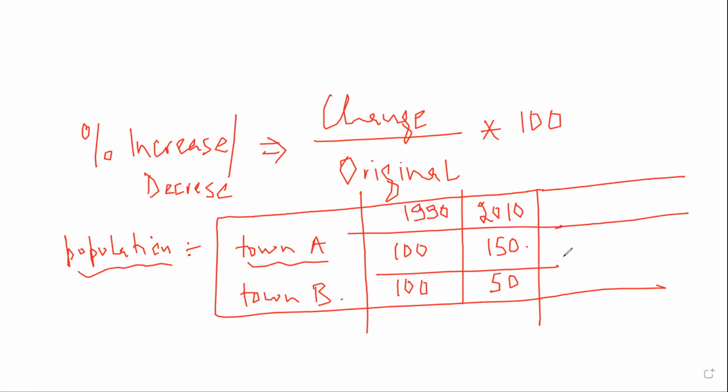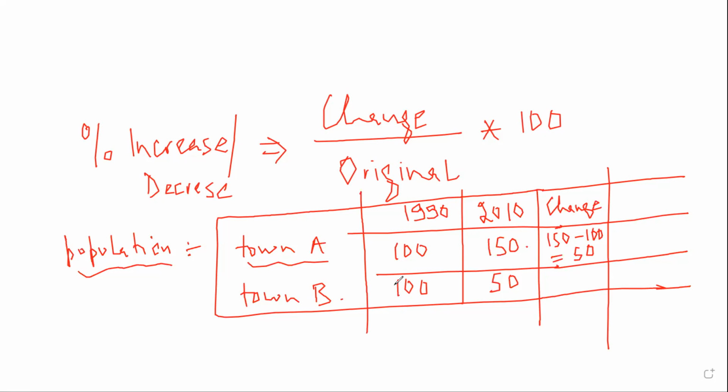First, we'll have to calculate the change. Now, if you see the change, this is 150 minus 100. Have you understood? Sarthak, any doubt? No, sir. 150 minus 100 is 50.